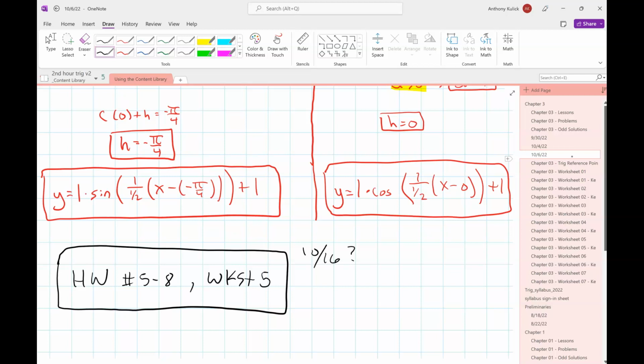Next time, obviously we'll take questions from this stuff, but next time we're going to talk about how to go from a description of the graph to the equation. So instead of getting all of the information, you'll get just a little bit of it, and we'll have to sort our way to the equation from that.